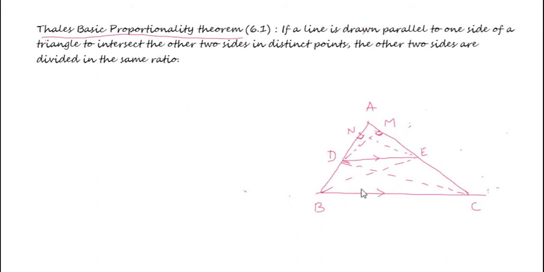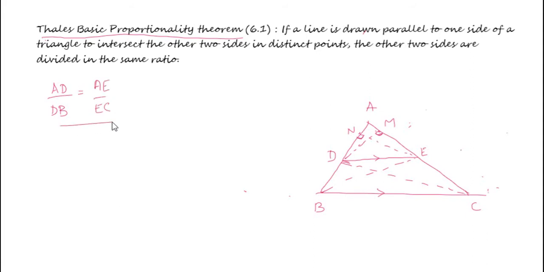That is, in a triangle, if you draw a line parallel to one of the sides, then this line intersects the other two sides and it divides these two sides in the same ratio. What does it mean? It means AD divided by DB equal to AE divided by EC.